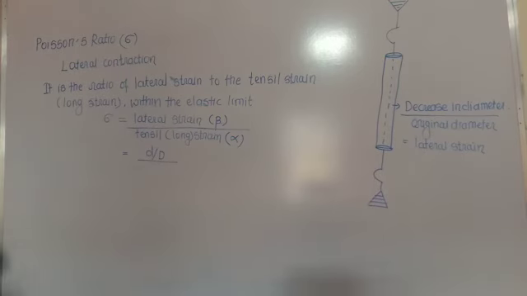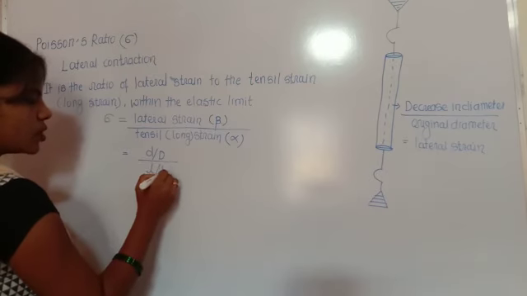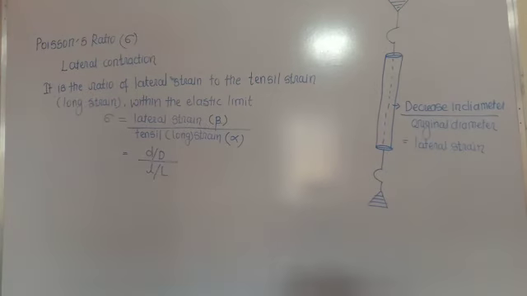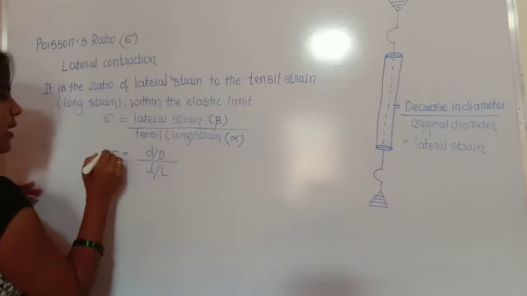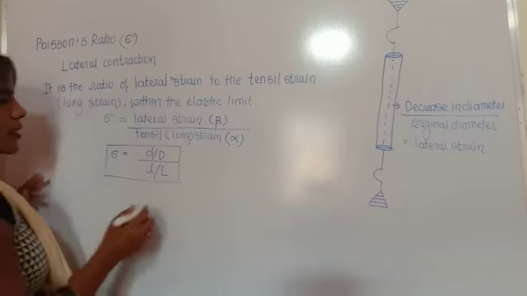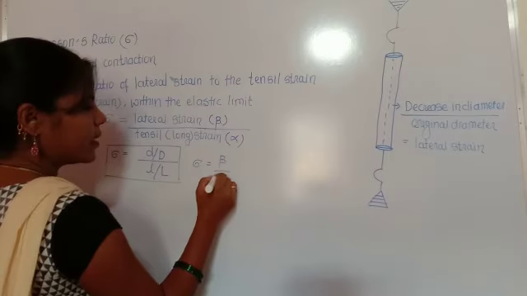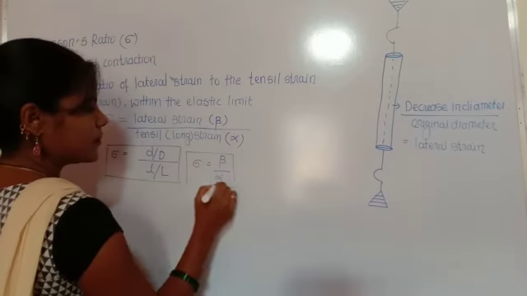Longitudinal strain means the increase in length to the original length, small l by capital L. So Poisson's ratio sigma can be written as sigma is equal to beta by alpha.